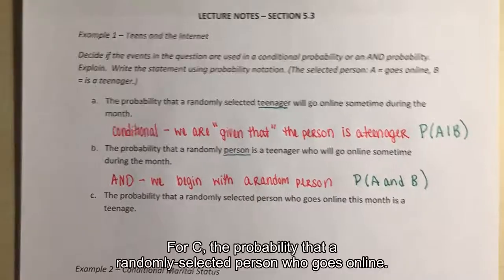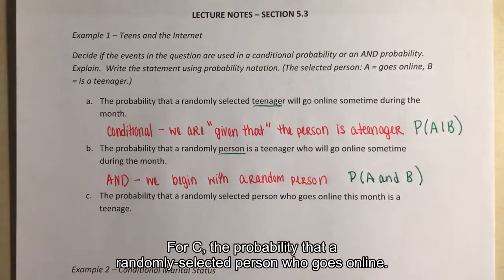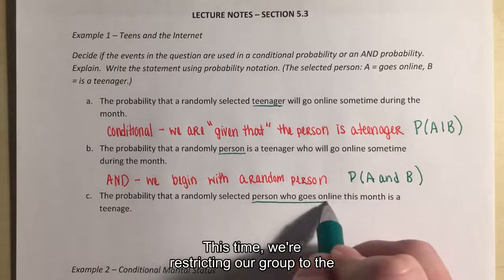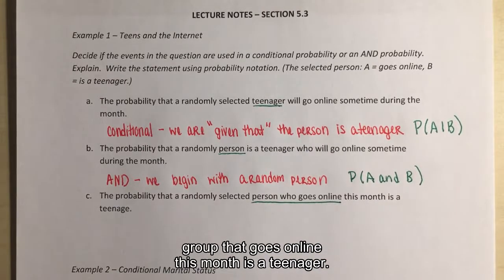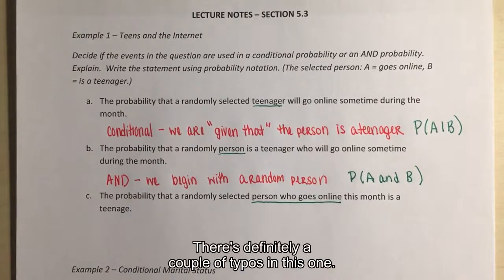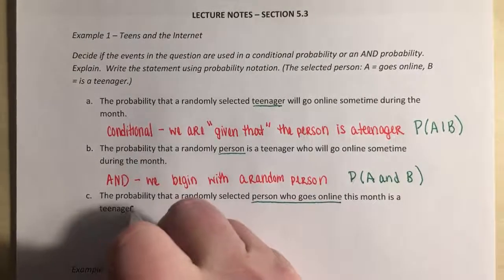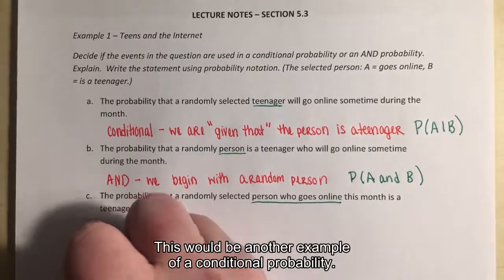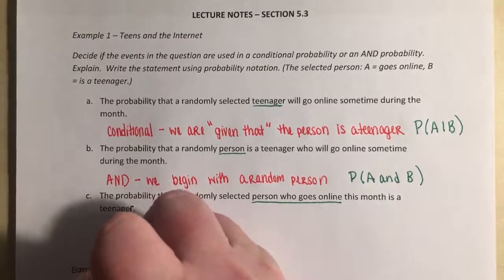And then for C, the probability that a randomly selected person who goes online is a teenager. This time we're restricting our group to the group that goes online this month. There are definitely a couple of typos in this one. This would be another example of a conditional probability.